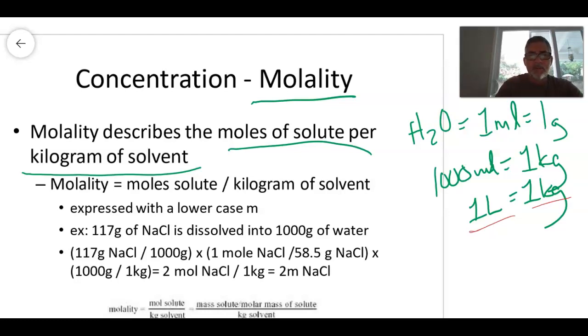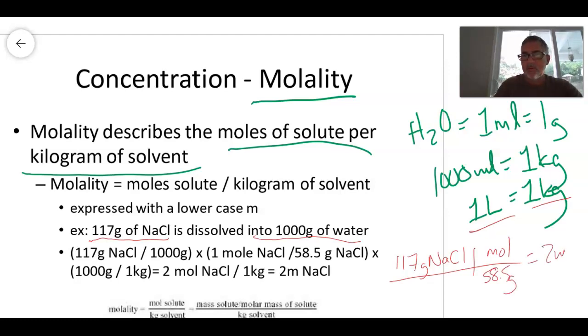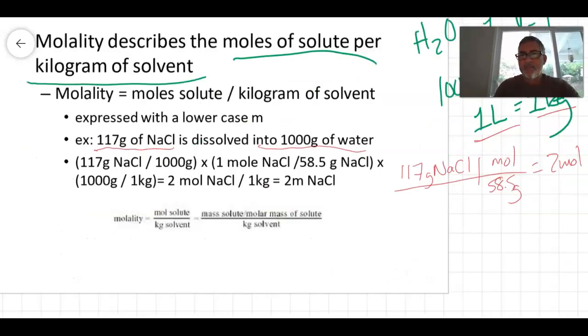In this example, I've got 117 grams of sodium chloride dissolved in 1,000 grams of water. I've got to convert that to moles, because it's still moles over kilogram. At 58.5 grams per mole, I get 2 moles of sodium chloride.